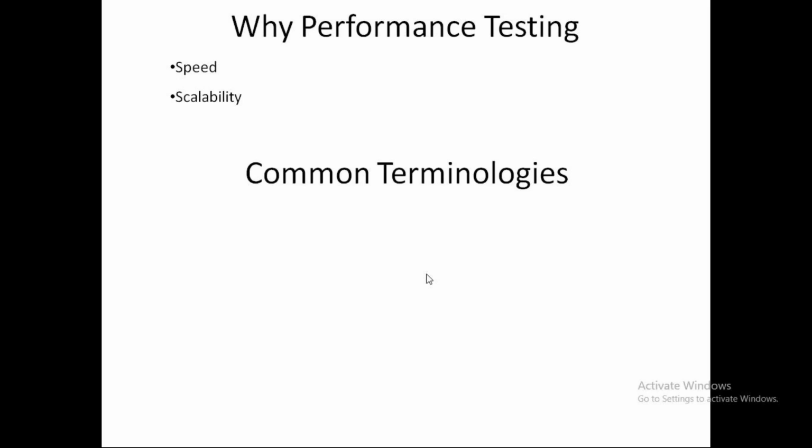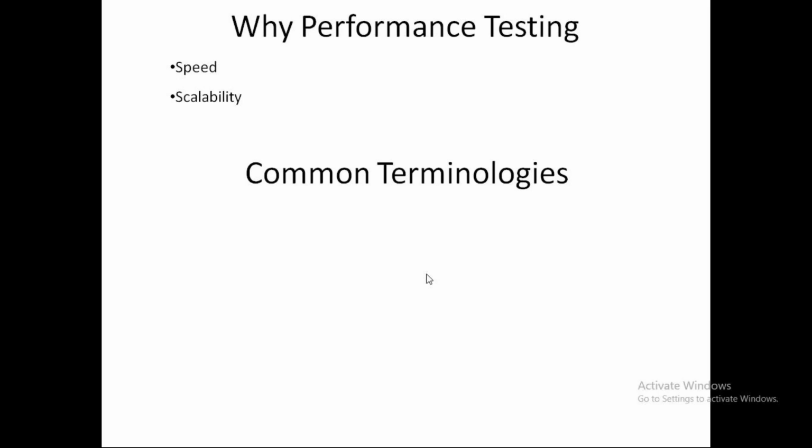So if my application is good enough for a particular number of users, I want to verify how that application is behaving for additional number of users. Over there, the point comes for scalability. So I am verifying whether my application is scalable or not.